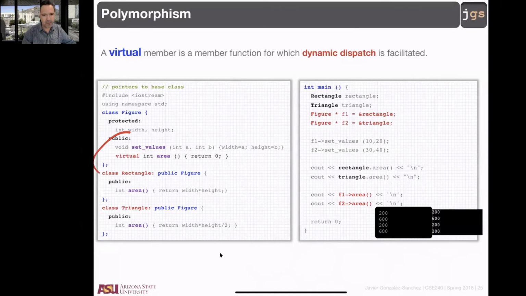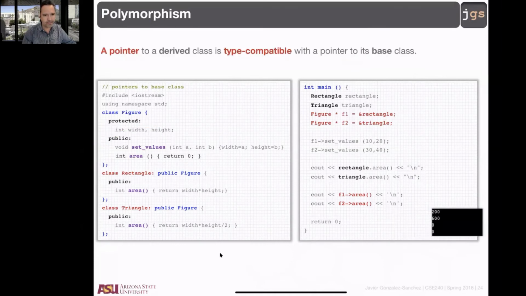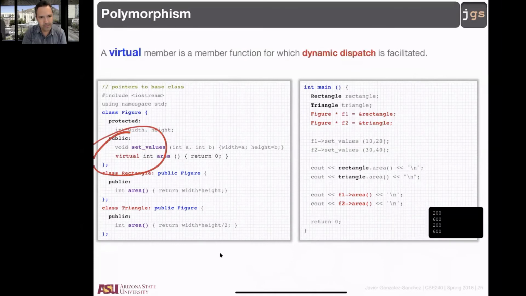Did you notice something changing there? Okay, the only thing that you need to do is to put this word in the class that is going to be polymorphic. Why?